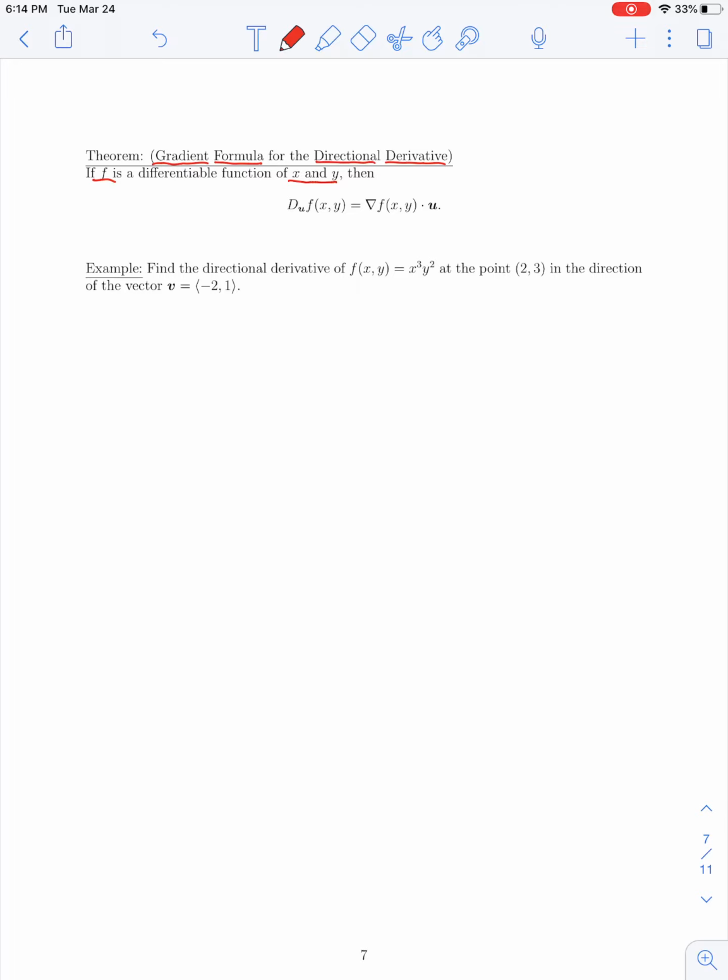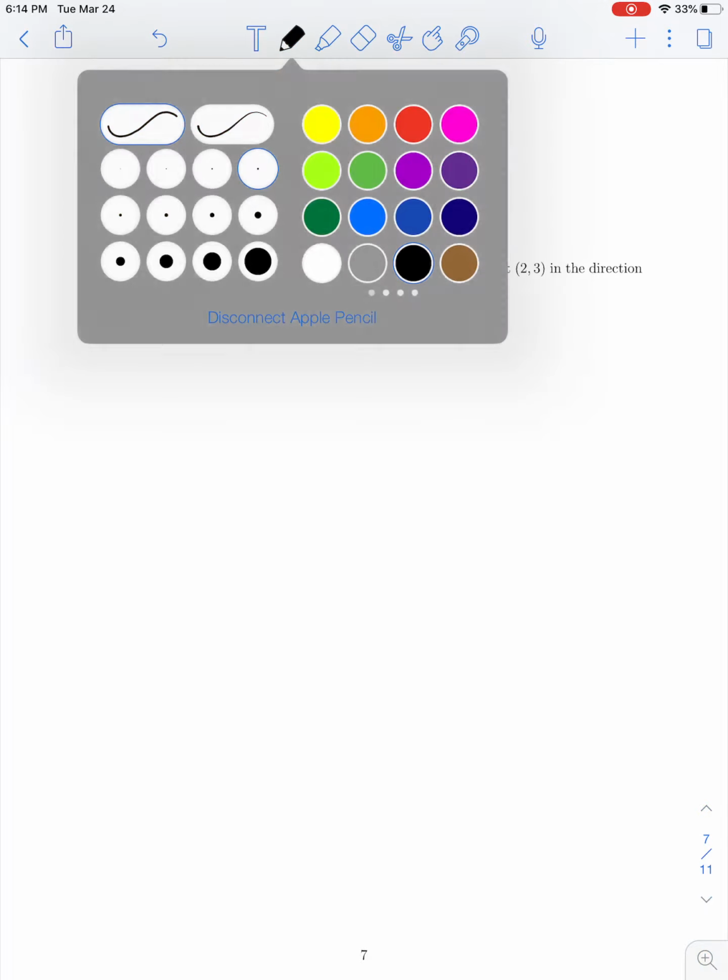And it says if we have a differentiable function f of two variables x and y, then the directional derivative of f in the direction of u at (x, y) could be given by the dot product of the gradient of f with the unit vector u. And let's see why that would in fact be true.